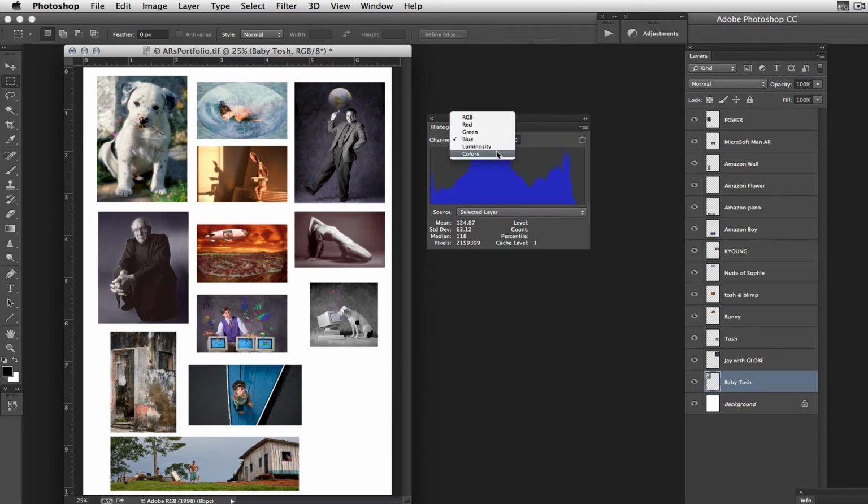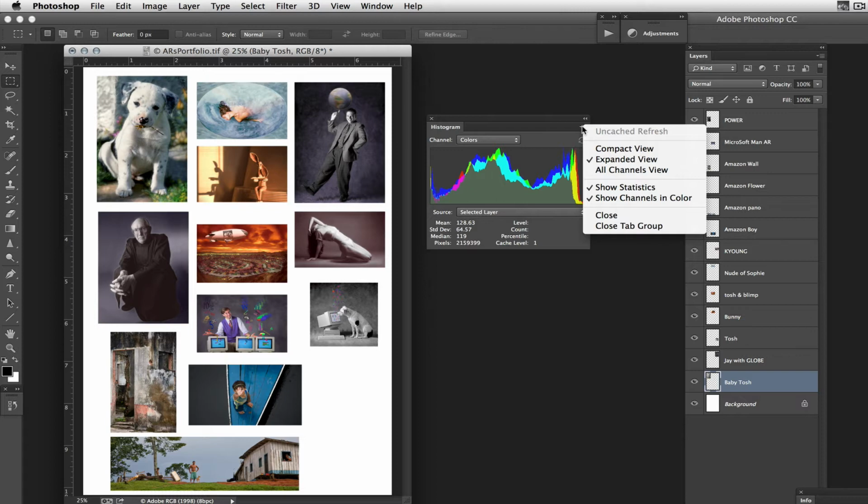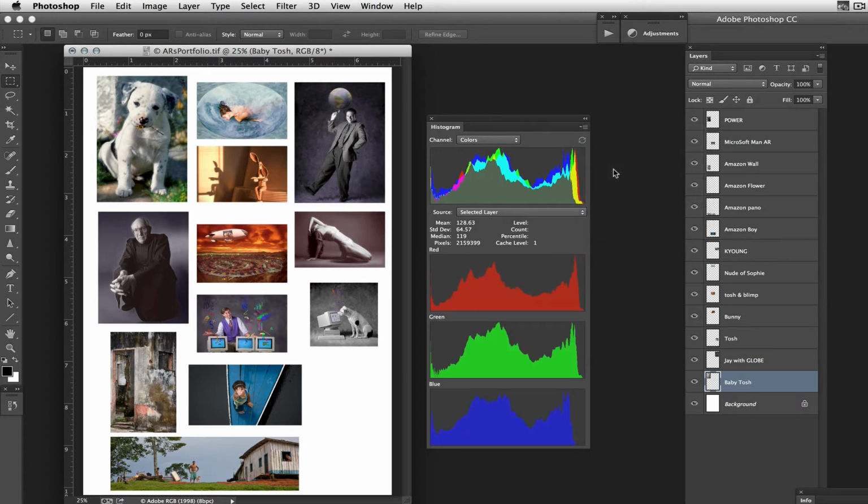The other option is to go down to colors, which gives us an overlay of all three, which is also very useful. You can toggle and say show all channels individually as well. Once again, as we move our cursor over the histogram, we get some feedback down below, should that be of interest to you.